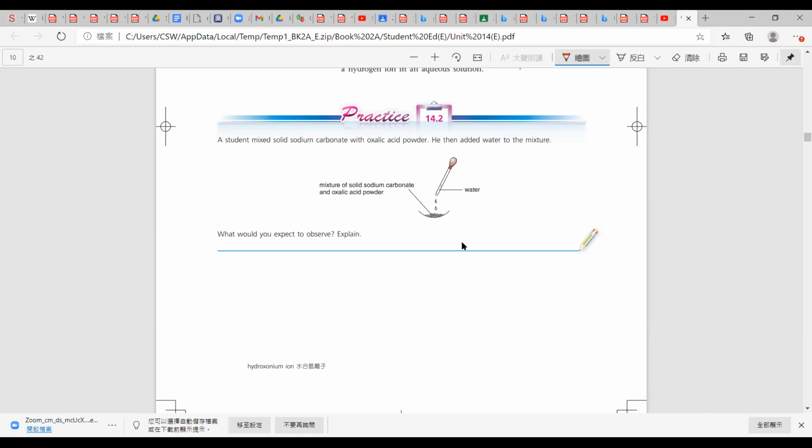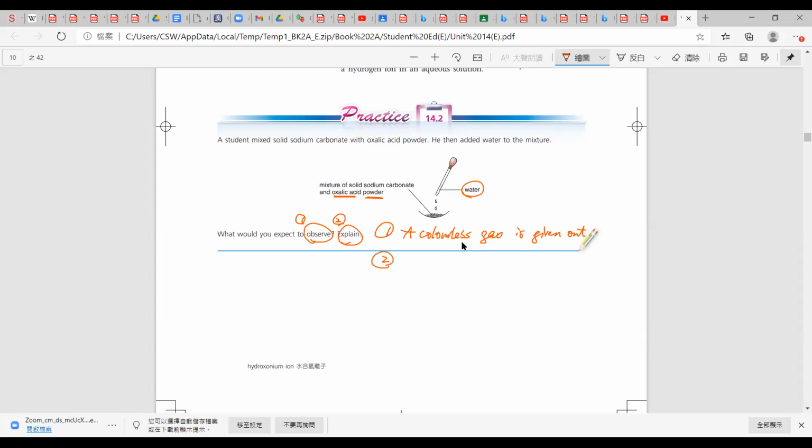Originally oxalic acid at room temperature is a solid. Once I add water to it, what will happen? Observe. Explain is the second part. Observe: effervescence, right? A colorless gas is given out.